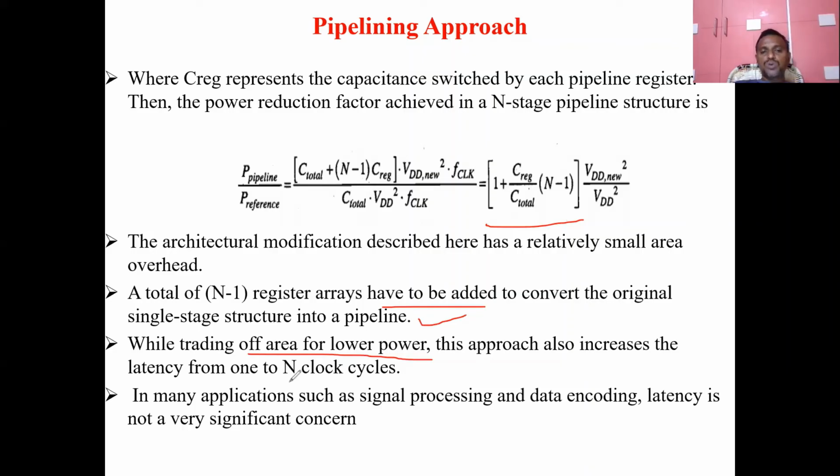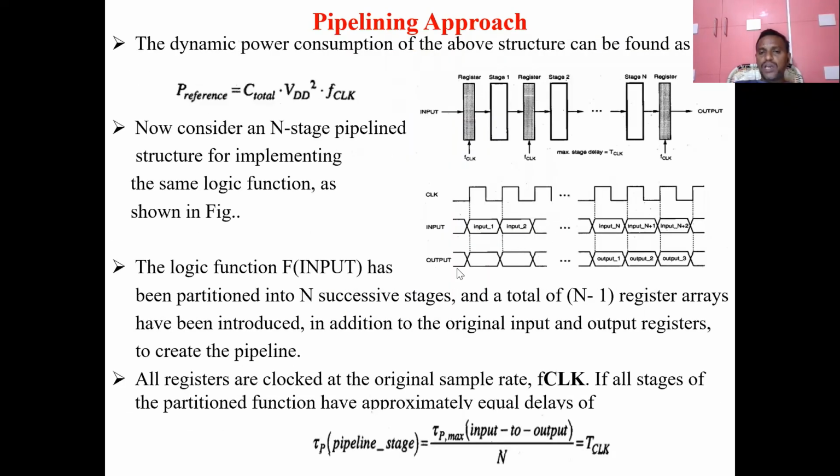latency from 1 to n clock cycles. I have shown that in the diagram here, we are getting the output after n clock cycles. If you observe, at clock 1 we apply input 1, at clock 2 we apply input 2, and like that at the nth clock we apply input n to this structure. But we get output 1 of the first input only after n clock cycles.